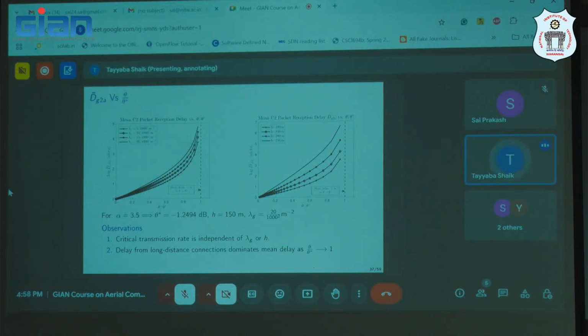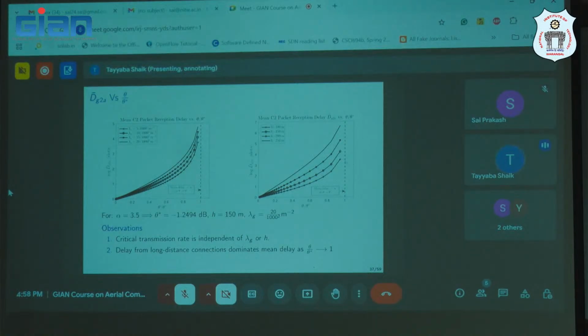It is not a function of base station density or of the height of the UAV. It is purely a function of alpha. That is exactly why for any UAV height, once you cross this threshold, the mean delay is infinite. Similarly, for any lambda g.